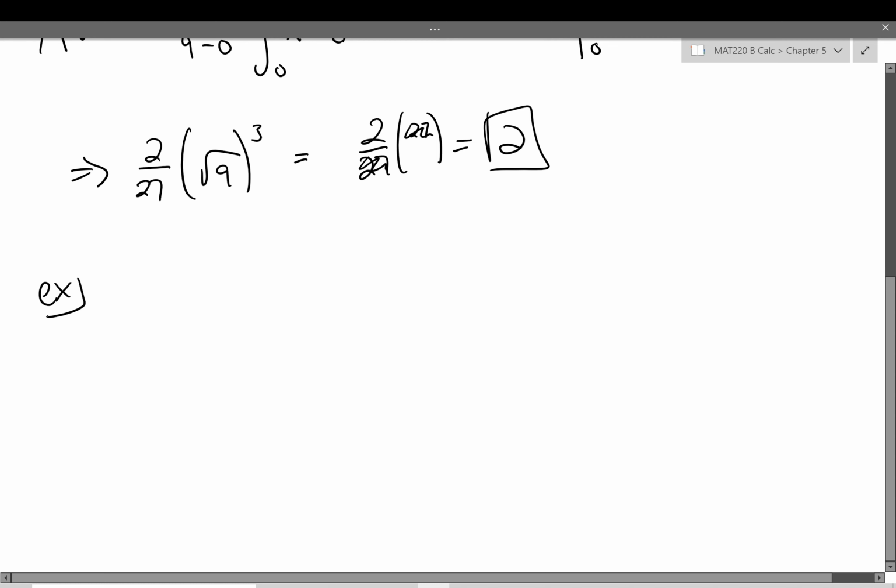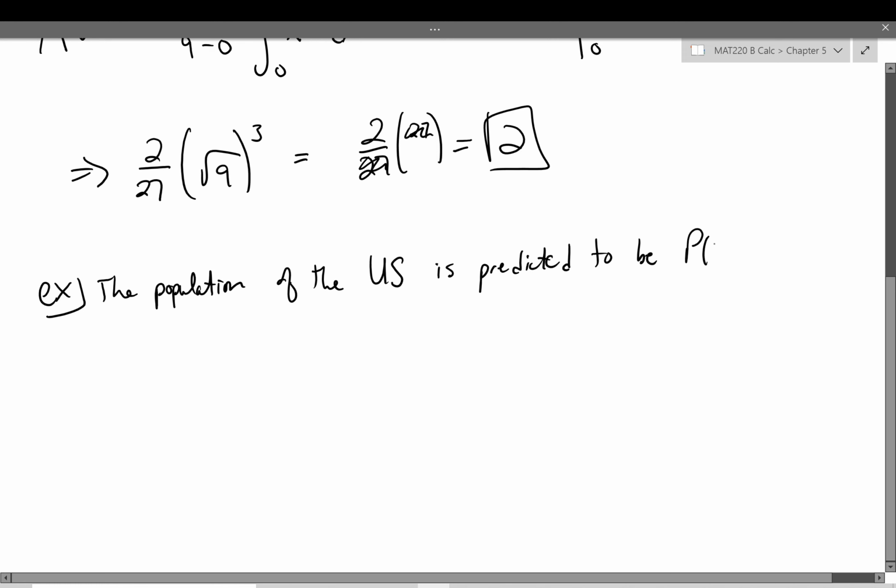Let's look at another example here using average value. Okay, I got a couple of them actually. So the population of the United States, so of the U.S., is predicted to be P of t equals 310 e to the 0.0073 t, okay?